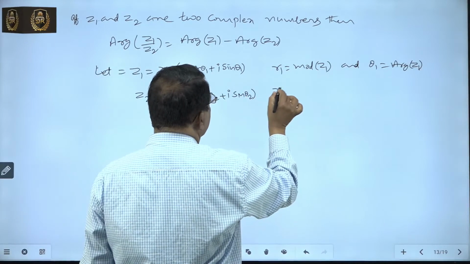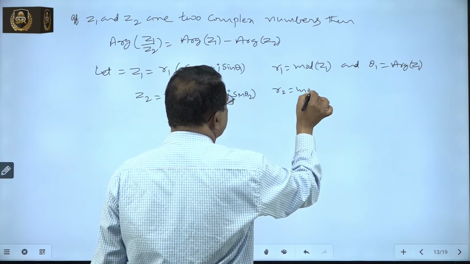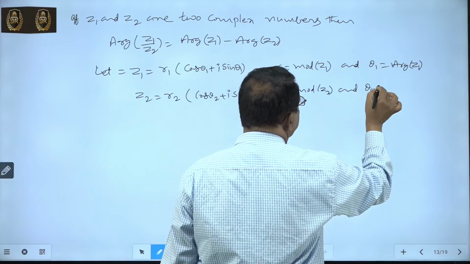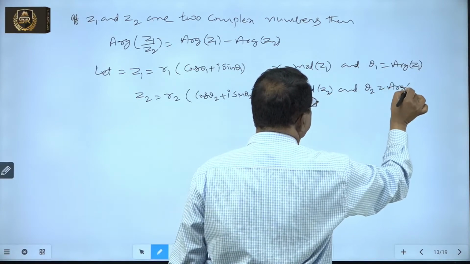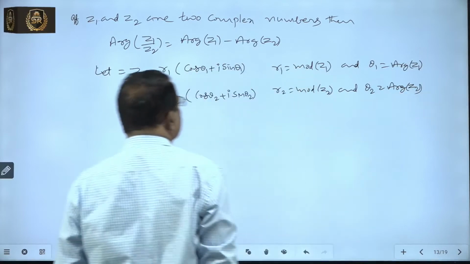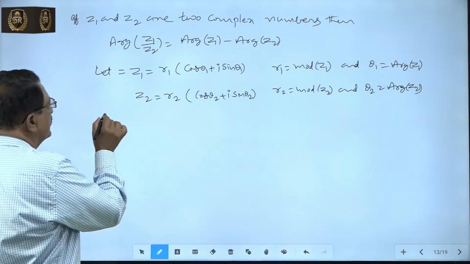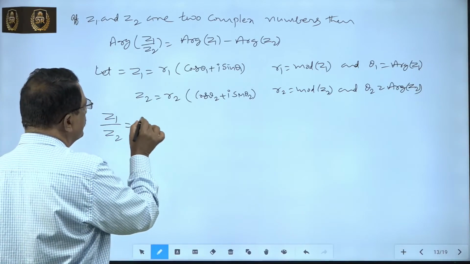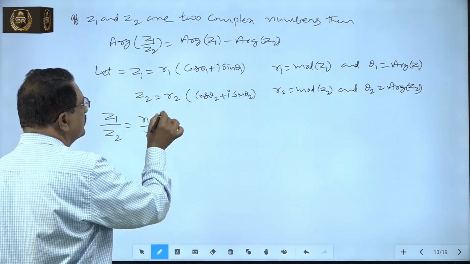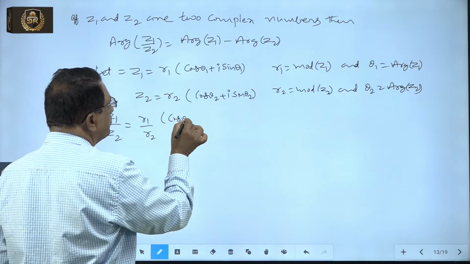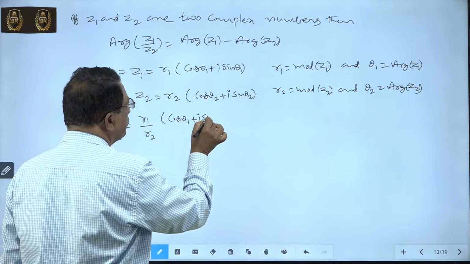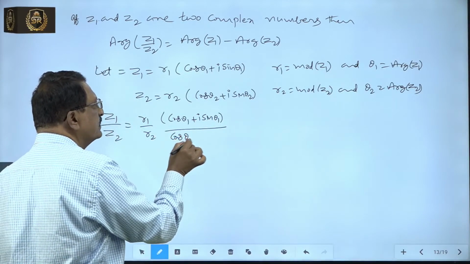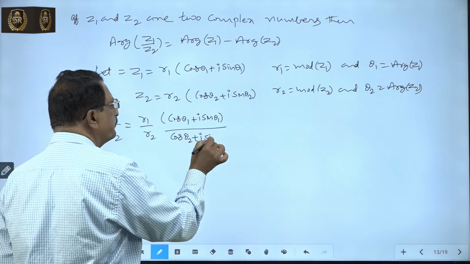Here R2 equals modulus of Z2 and theta 2 is argument of Z2. Now, Z1 by Z2 equals R1 by R2 into cos theta 1 plus i sin theta 1 by cos theta 2 plus i sin theta 2.